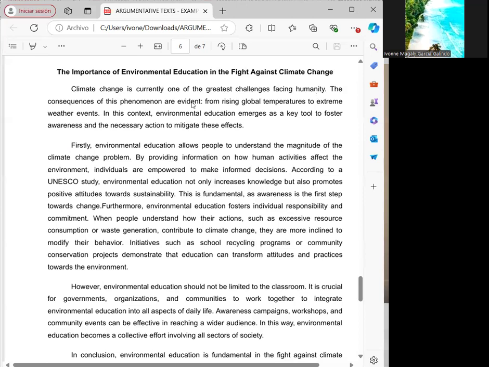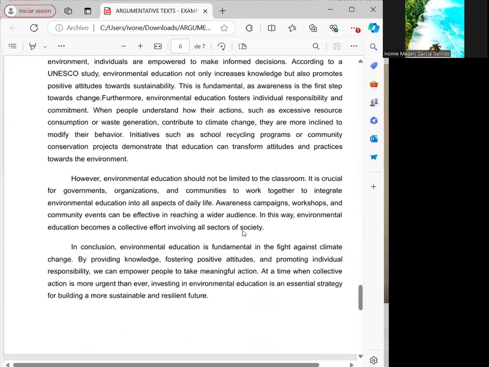Because here at the beginning we have school, but then, okay, wait a minute. This is crucial, but it's also crucial for governments, organizations, and communities and society in general to integrate environmental education into all aspects of daily life. Do you understand? Do you see this difference?